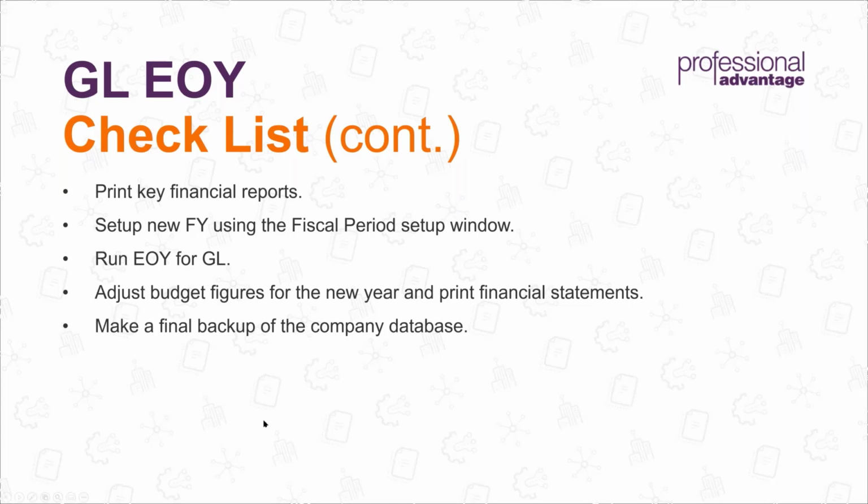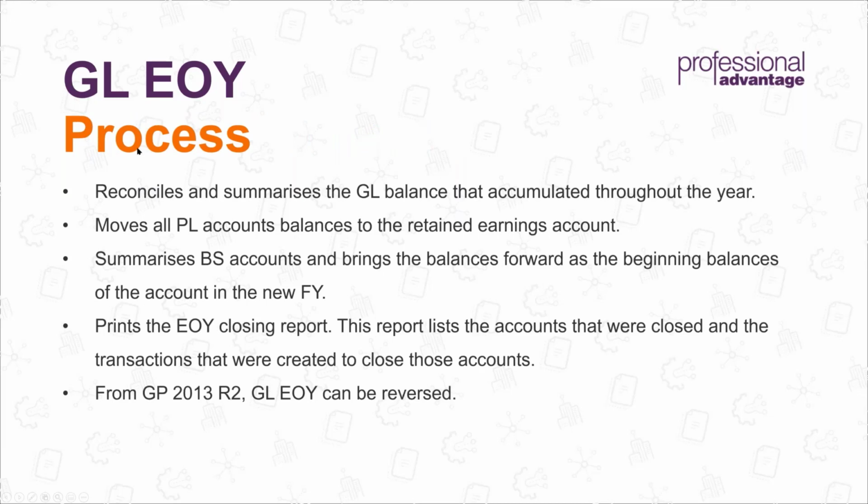In the GL module, what's actually happening when we do the year-end is that behind the scenes it does a lot of stuff. It reconciles and summarizes the GL balances accumulated throughout the year and moves all the P&L account balances to the retained earnings account.